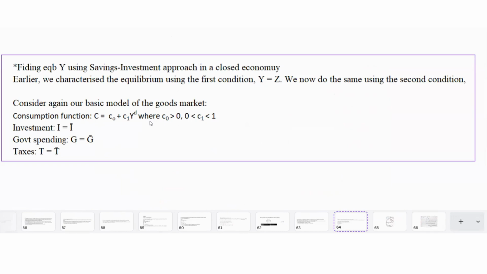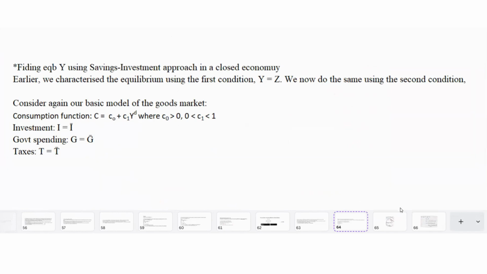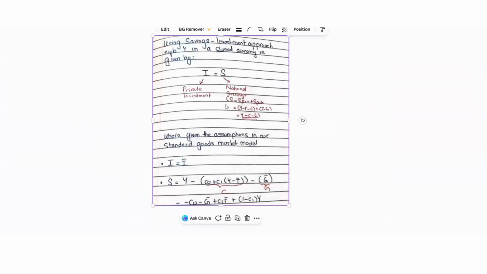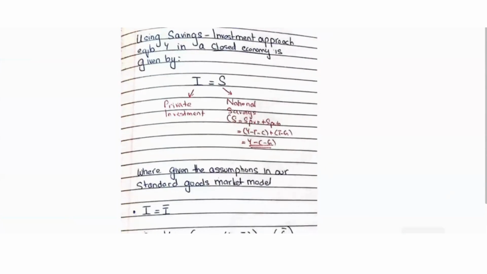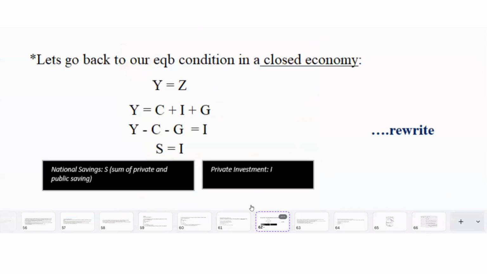We're going to go back to our basic model of the goods market, where we have a linear consumption function, C0 plus C1 YD. We have investment, government spending, and taxes exogenously given. And since it's a closed economy, net exports is zero. So now we know using the savings investment approach, equilibrium Y in a closed economy is given by I is equal to S. So this is an alternative and equivalent way.